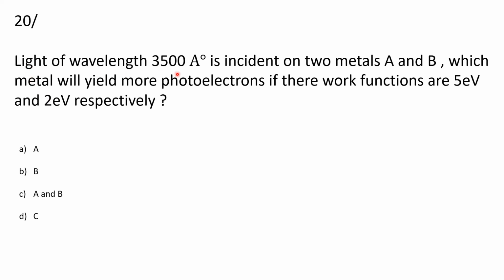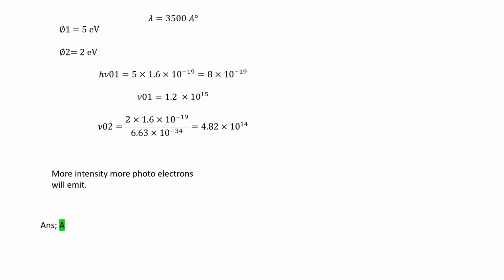Then, light of wavelength 3500 Armstrong is incident on two metals A and B. Which metal will yield more photoelectrons if their work functions are 5 electron volt and 2 electron volt respectively? And the options are A, B, A and B, and C. So let's see. Here the lambda is given as 3500 Armstrong, that is constant for both cases, that is for metal A and for metal B, and the work function of A is 5 electron volt whereas the work function for B is 2 electron volt.